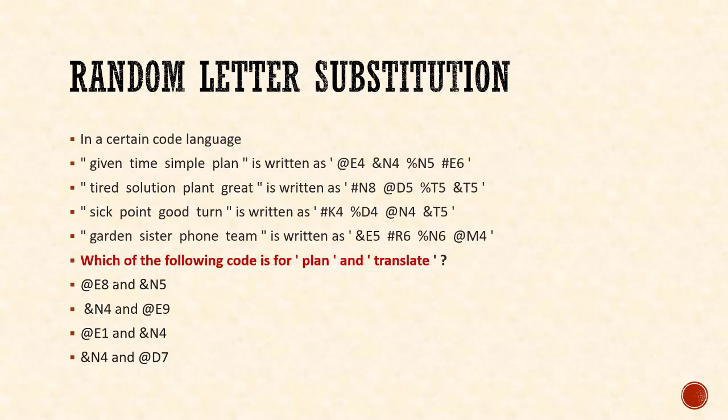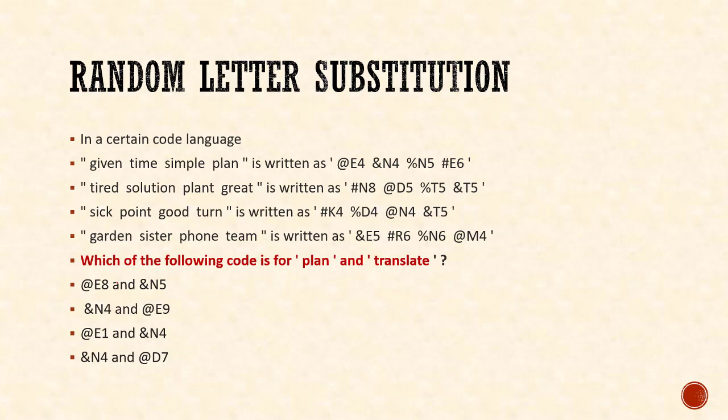Now this is another variation which is asked in random letter substitution. Here, instead of numbers or random words, we see codes are a combination of a special symbol, an alphabet and a number. Now we have to deduce what each symbol means, what each alphabet means, and what each number means.